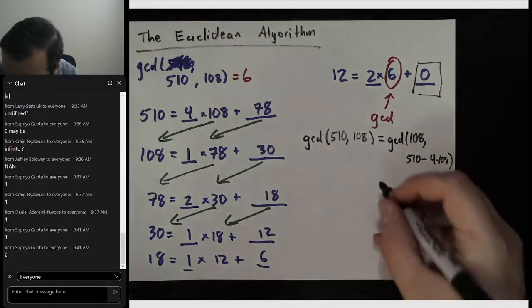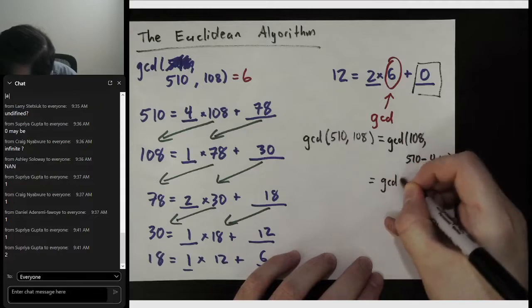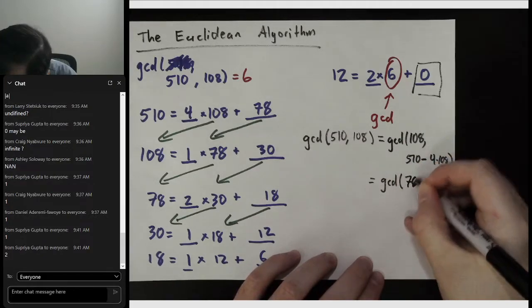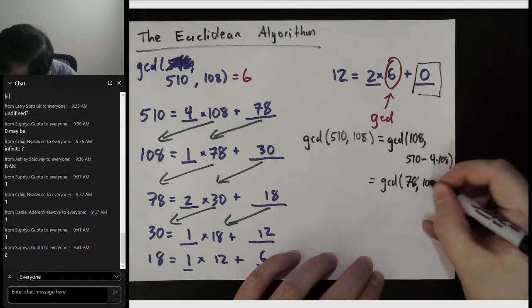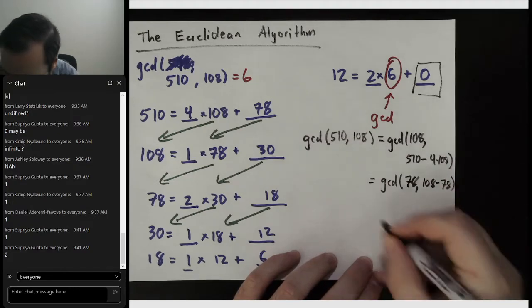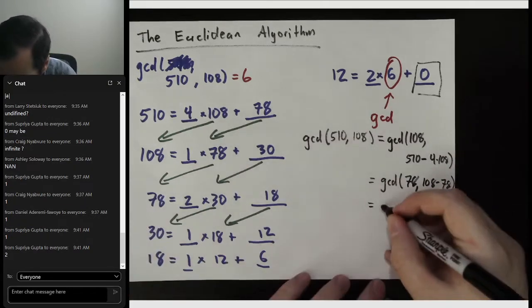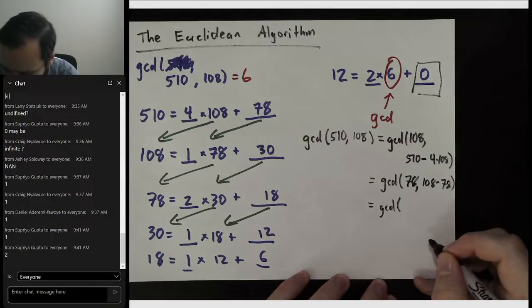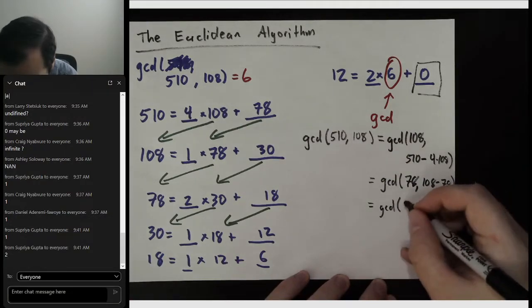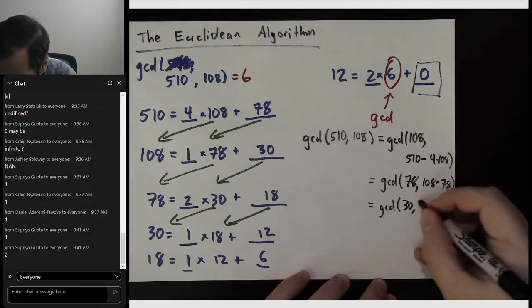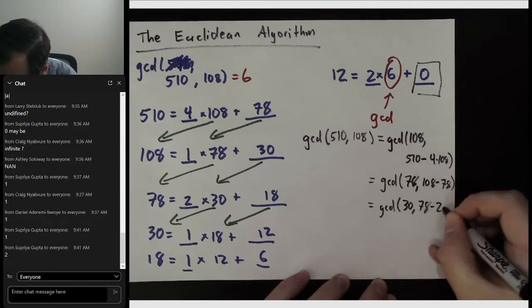And that's equal to the GCD of 78 and 108 minus 78. And that's equal to the GCD of 30 and 78 minus 2 times 30.